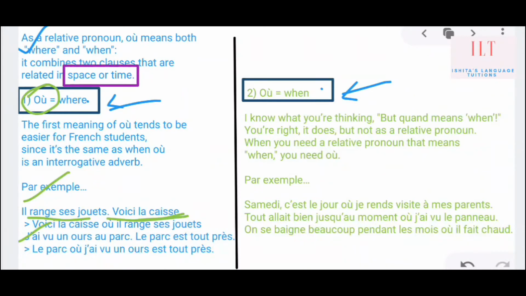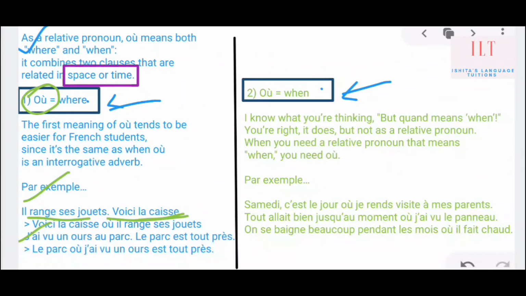The park where I saw a bear is very near. If we notice, in the second statement we are replacing the place. The place is le parc, so we are replacing it. Unlike what I said before, that you don't replace anything, sometimes you do, sometimes you don't. It depends from situation to situation.